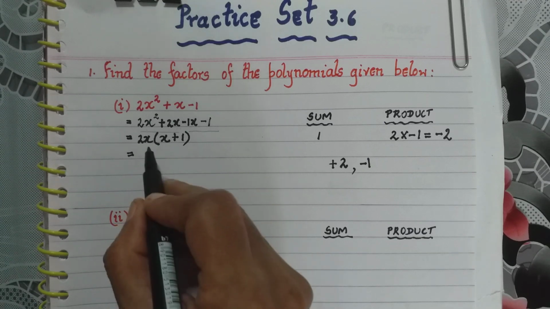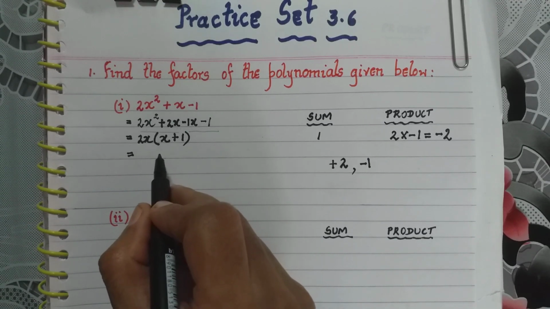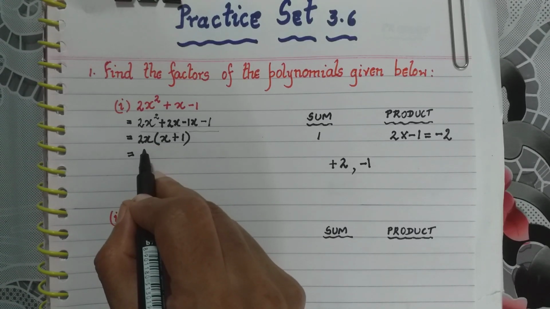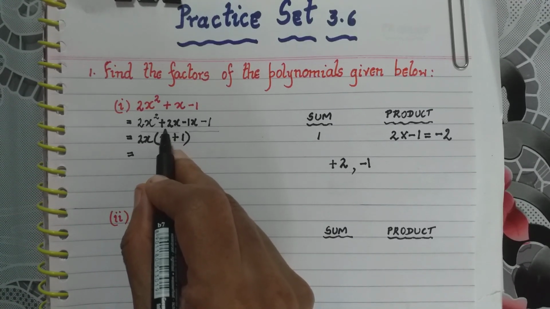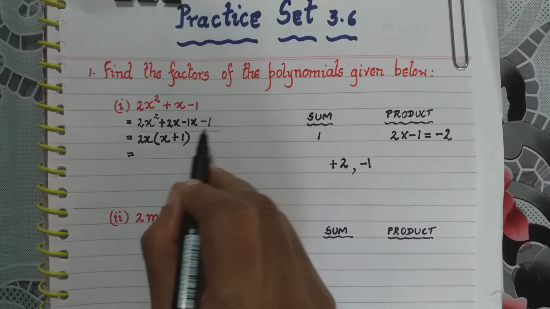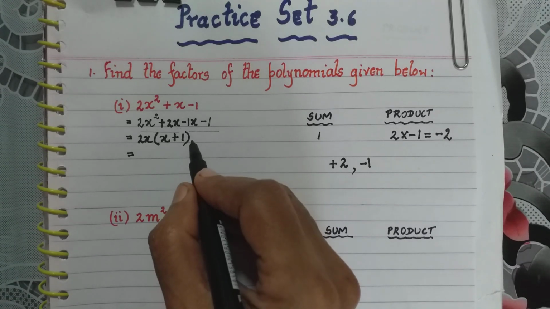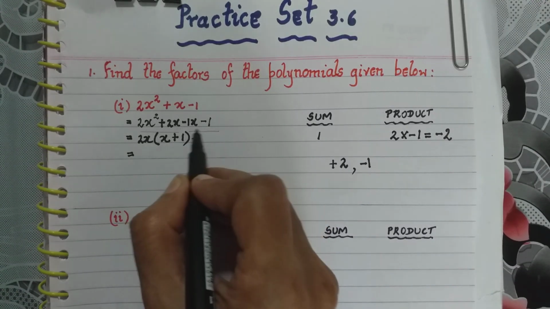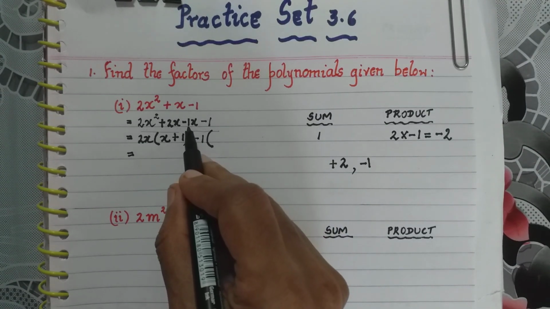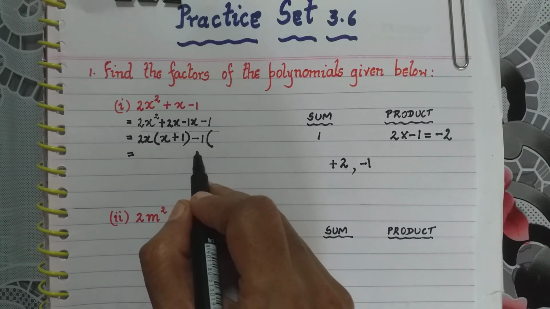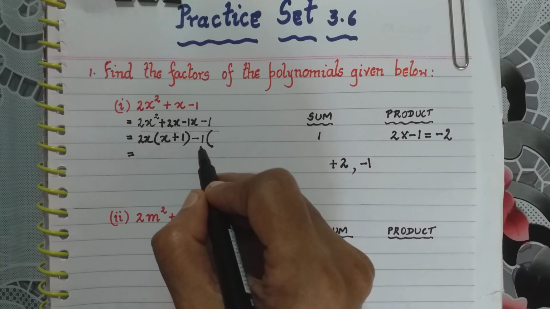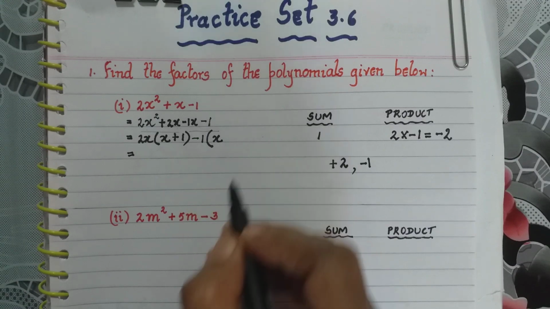Now after you write this, if you want to confirm what you have written is right, you multiply and see. 2x into x is 2x square, 2x into 1 is plus 2x. Now among these two, minus 1x and minus 1, you see minus is common in both, so we write minus. 1 is common in both, so we write 1. Then we have the bracket. Now if minus 1 is already out, minus 1 into x is minus 1x, so I can write here x.